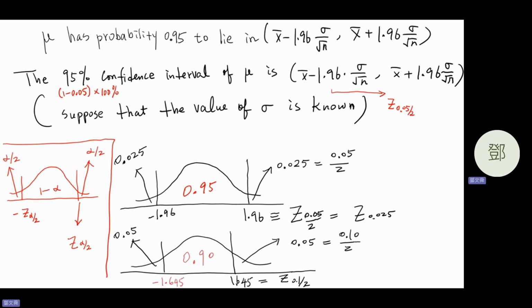This thing here is 1 minus 0.05, times 100%.